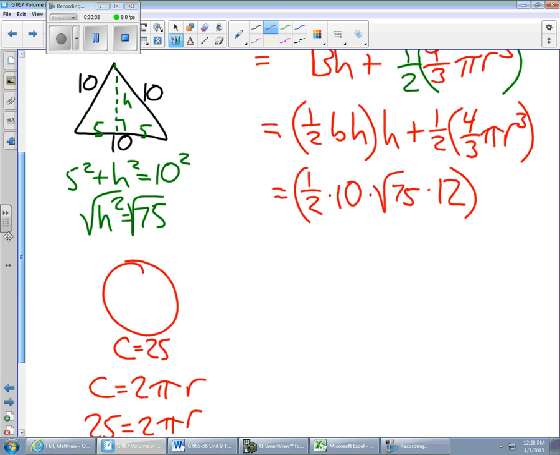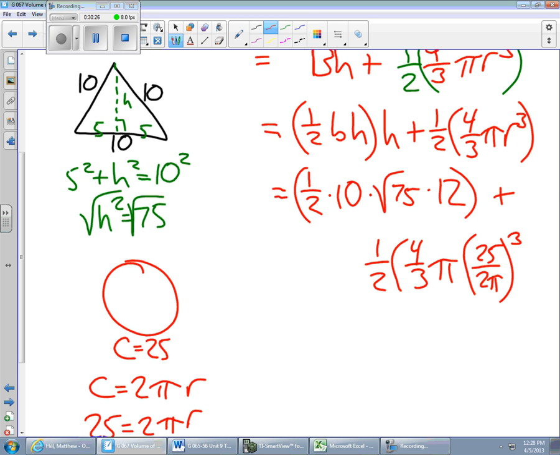Now, as ugly as this is going to seem, here's what our formula just did. Our radius, we just said, was 25 divided by 2 pi, which according to the formula gets cubed. Well, as ugly as all that is, that's the end of our work.